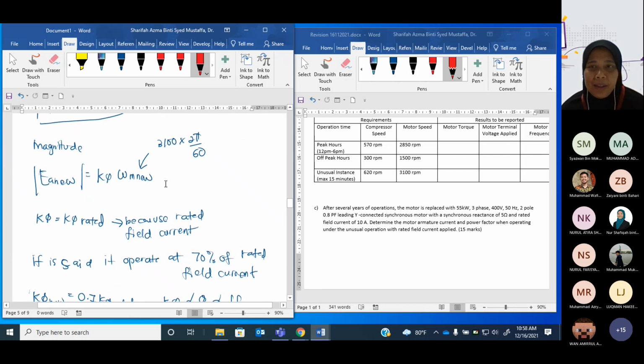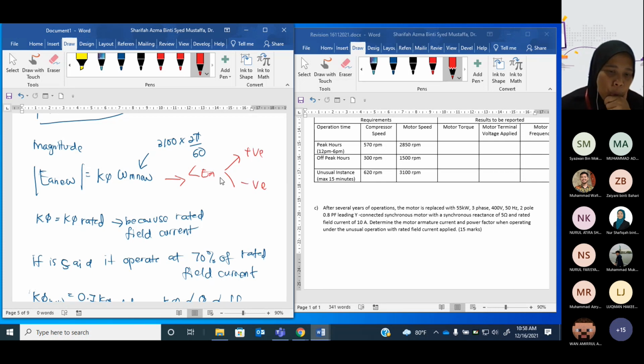Okay. By the way, EA new yang kita dapat ni, dia ada magnitude and angle, kan? So is the angle positive or negative for EA for synchronous motor? Selalunya for synchronous motor, the angle of EA ni positive or negative? Kalau motor.